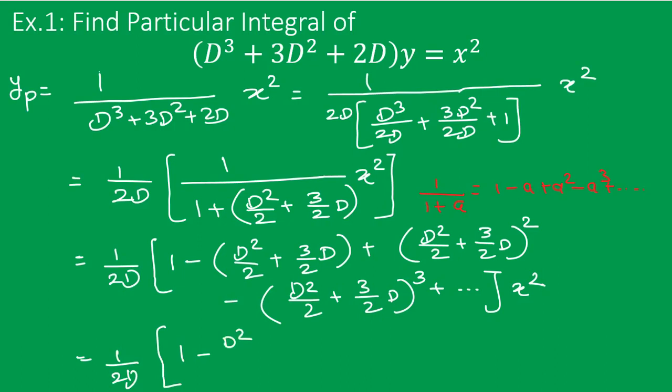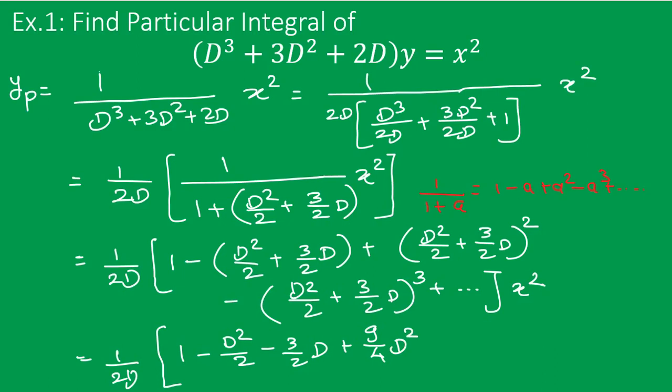That means D square by 2 plus 3 by 2 D, plus, now from the second bracket we'll consider only those terms which are having degree less than or equal to 2. So it is like when you are taking (a plus b) square, it is a square plus b square plus 2ab. A square will become D raised to 4 upon 4, which we don't require. B square will be 9 by 4 D square.